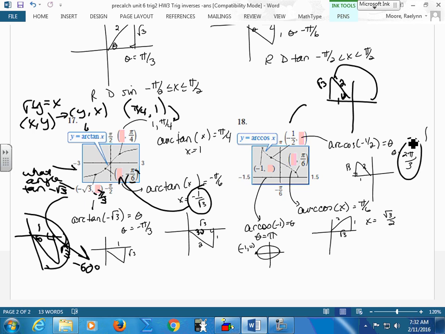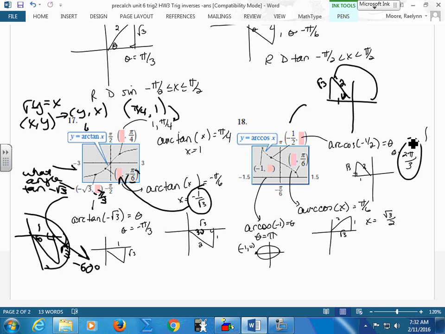So when you use the special right triangle, like for number 17, you figure out that the tangent of negative pi over 6 is negative 1 over the square root of 3. Would you just say that would be your x? That's an angle?